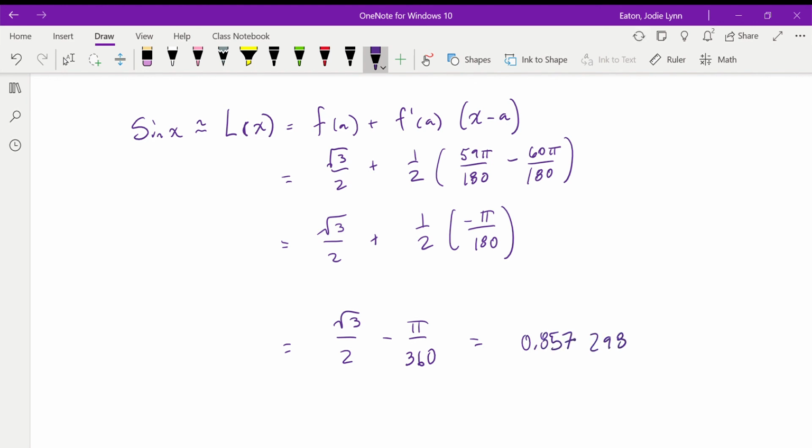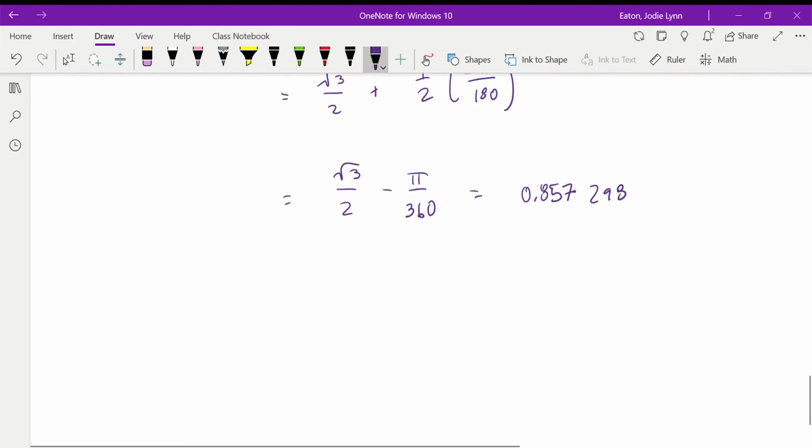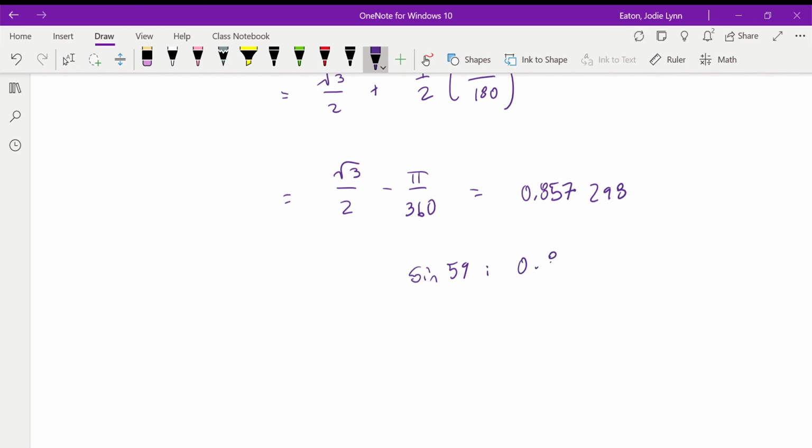0.857298. And if we throw that on a calculator, sine 59 degrees is 0.857167. So it is accurate to almost about 3 decimal places.